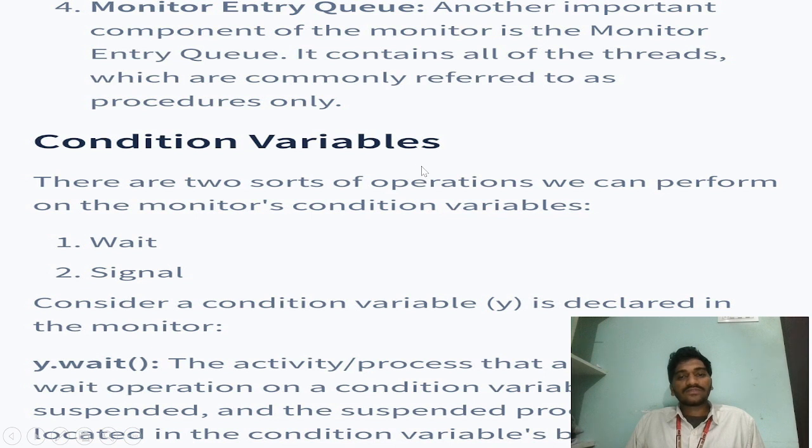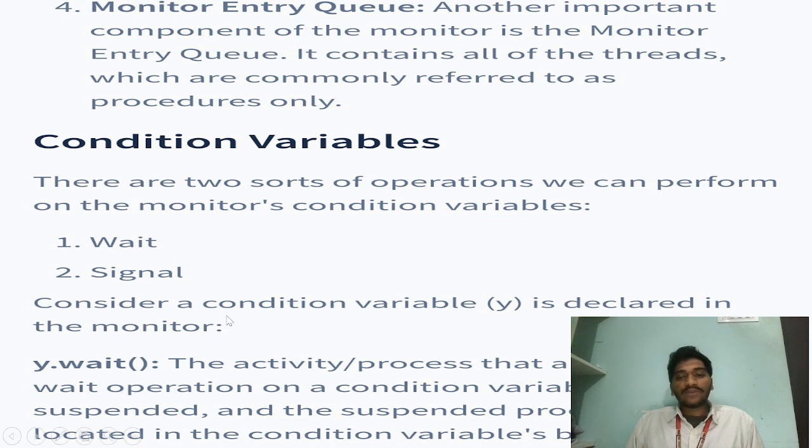There are two sorts of operations we can perform on the monitor's condition variables: wait and signal. When one process is in the critical section, and after its execution is completed, it can call the signal method to allow another process to enter into the critical section by calling the wait method.